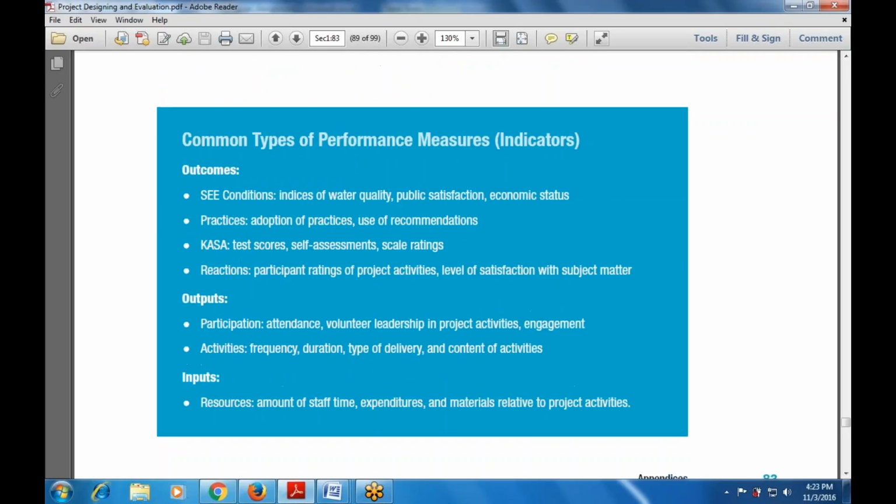So one is the outcome, one is the output, that includes the participation and the activities, then input, that includes the resources, amount of staff time, expenditure, and material relative to the project activities that are carried out with the indicators.